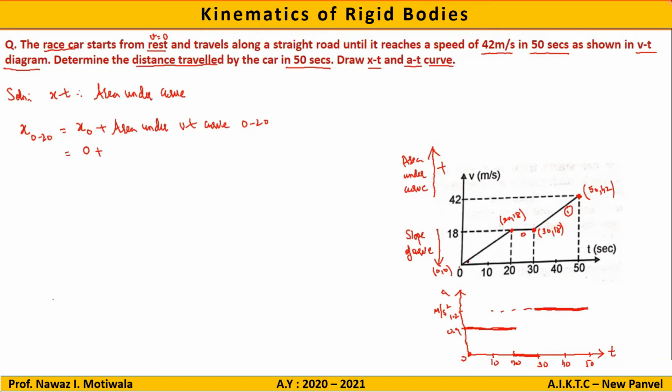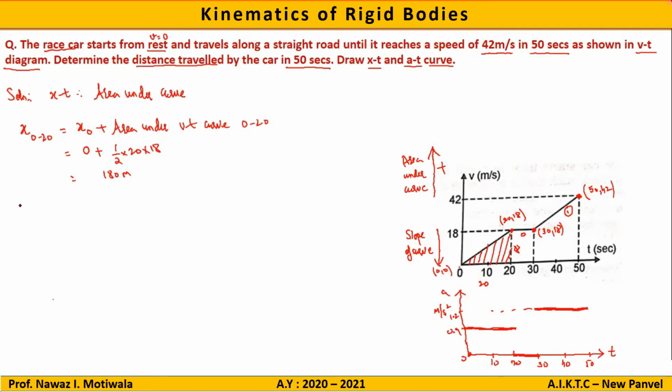For 0 to 20 the area under this is the triangle, and the triangle base is 20 and height is 18. So it will be half into 20 into 18. On solving, I will get the answer as 180 meters.